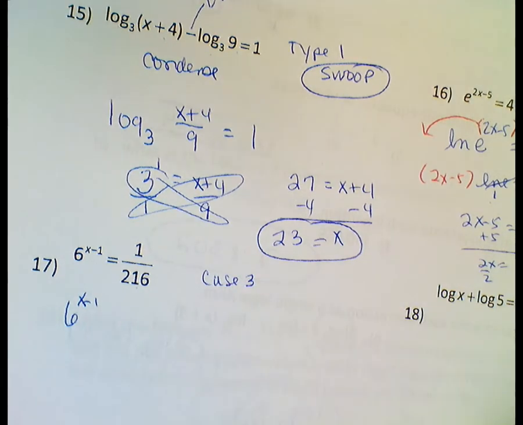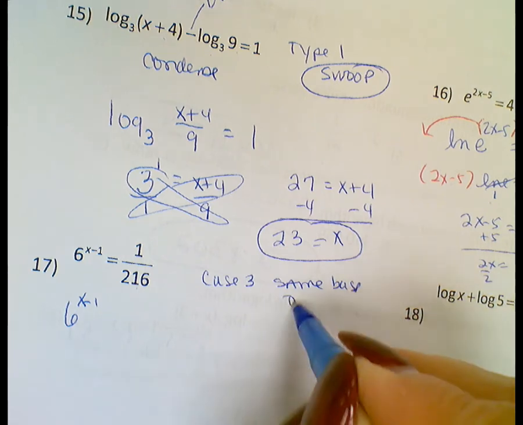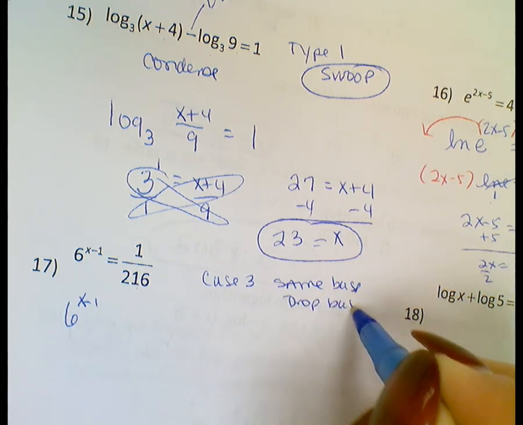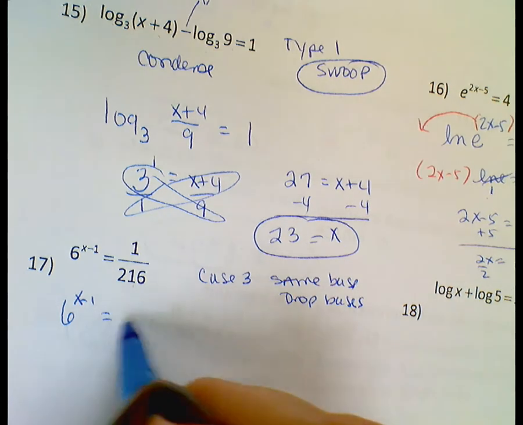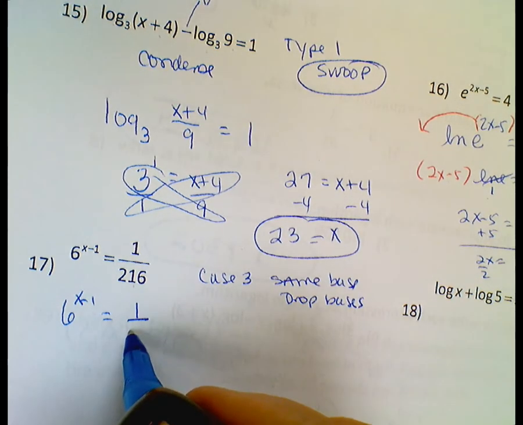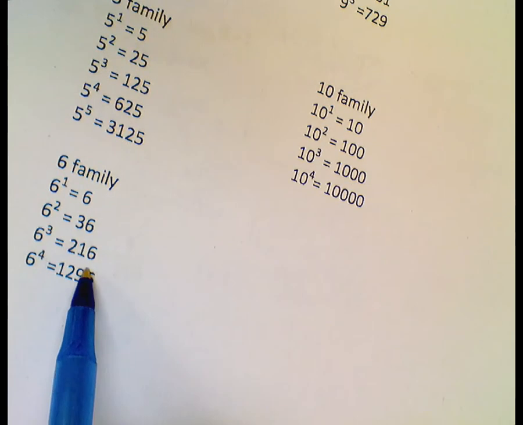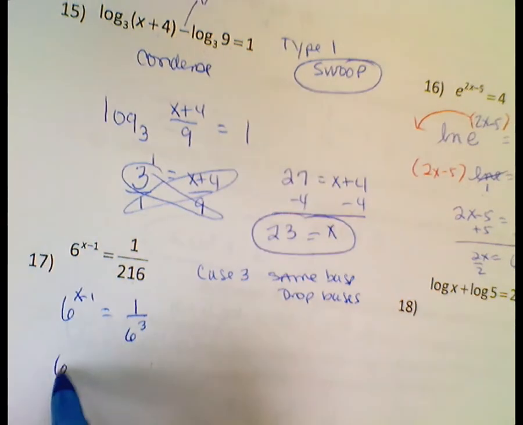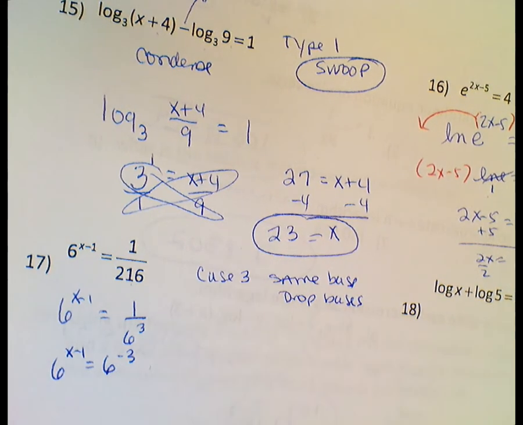When you could get them same base, if you have the same base, you're going to drop the bases. But before you can drop them, you have to get them to be the same. So this one, first of all, 216 is 1 over 6 to the third. Again, we looked at the sheet right here. 216 is 6 to the third, but it's in the bottom. So if it's in the bottom, we can put it in the top as 6 to the negative 3.